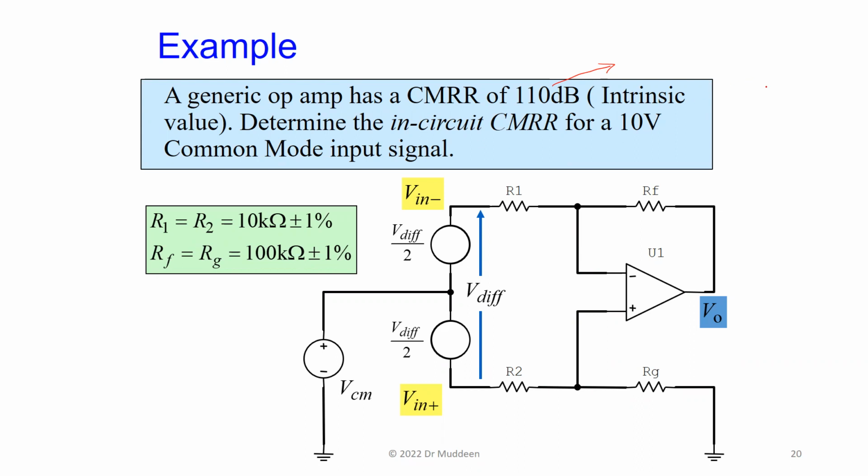And remember, this is the ratio of AV diff to AV common mode. Ideally, AV diff is some value that we want, greater than or equal to 1, and AV common mode is supposed to be very close to 0.